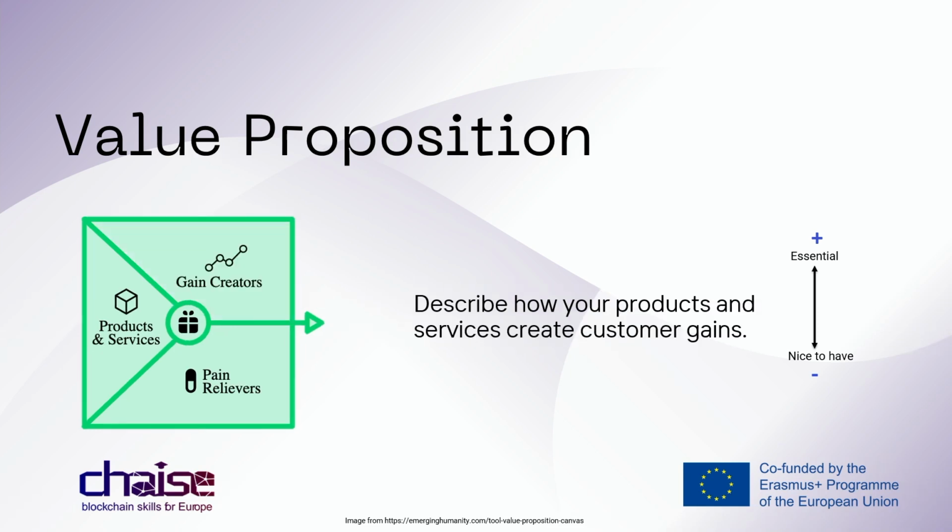At the same time, your value proposition will have components that deliver gains. And in this part, you describe how your product or service for your blockchain use case creates gains for the customer.